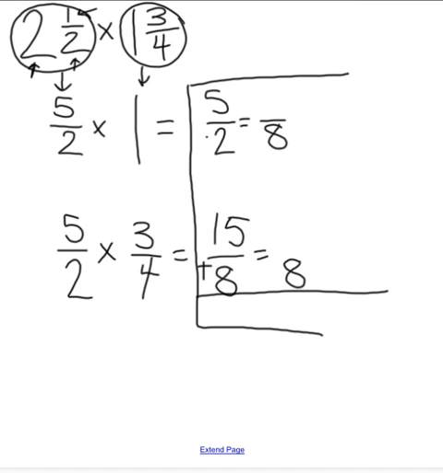In 15/8, the denominator is already 8, so I'm just going to rewrite it because it's equivalent. In 5/2, if I need to find an equivalent fraction with 8 as the denominator, whatever I do to the denominator, I must also do to the numerator. So I need to determine what I multiplied 2 by to get to 8.